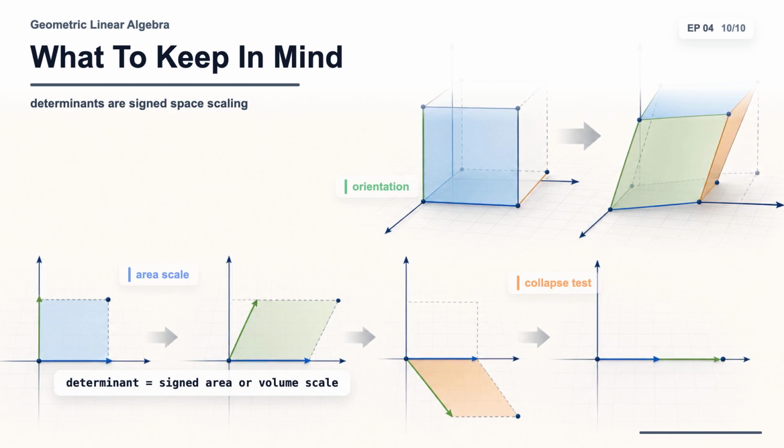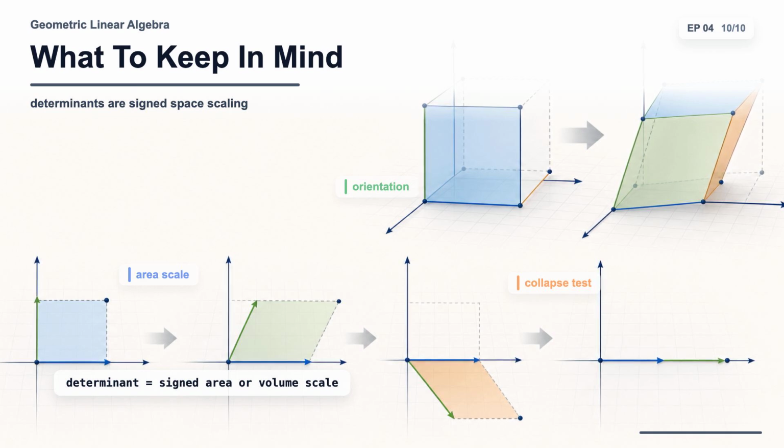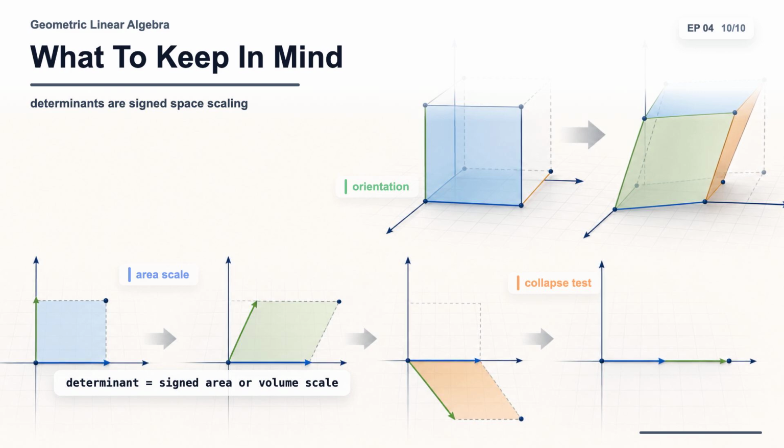For linear systems, a non-zero determinant means every target has one input. A 0 determinant means reachability and uniqueness can fail. In the next episode, we will generalize this idea into rank, column space, and null space, which dimensions survive, and which directions disappear.